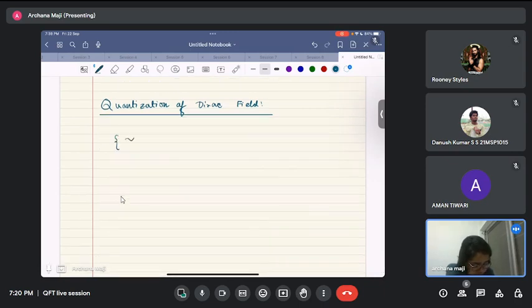So our first step is to promote the Dirac field, or the Dirac spinor, to an operator and write this canonical anti-commutation relation: psi(x), psi dagger(y) is equal to delta 3 (x minus y).